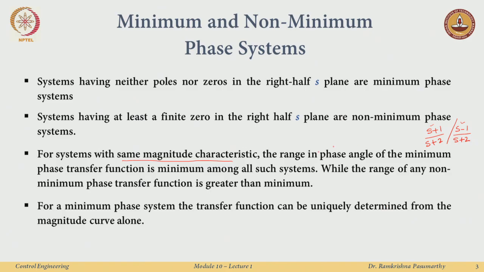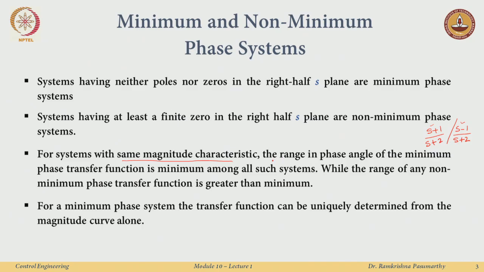In the case of non-minimum phase systems, the range in the phase angle of the minimum phase transfer function is minimum among all such systems which have the same magnitude characteristic. So you have the same magnitude characteristic here and here. How do I identify which one is the minimum phase?